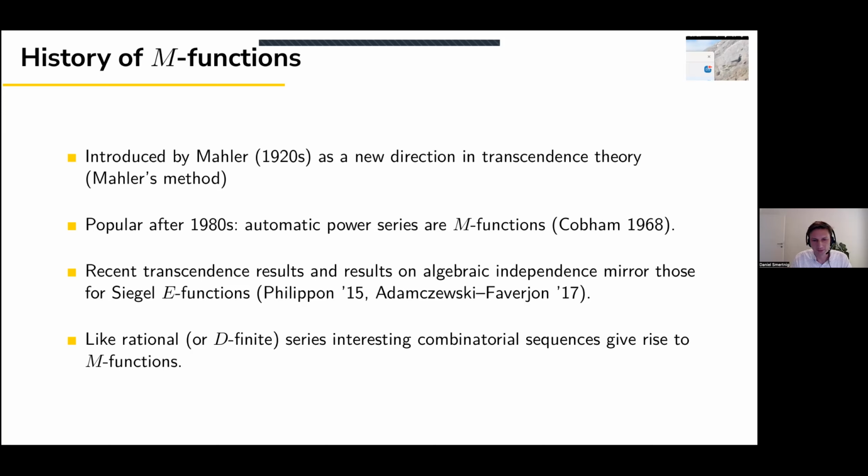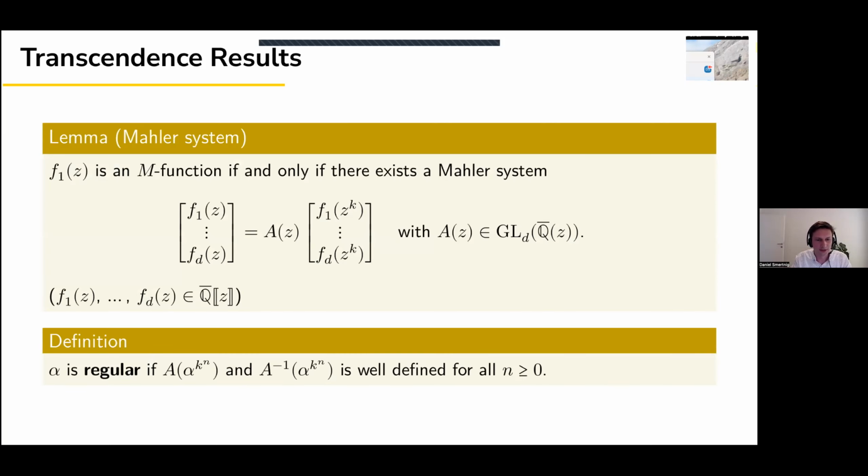And then, of course, one can hope that there is an interesting interplay between the arithmetic and the properties of the coefficients, and maybe some structural properties of the equations, and so on. So let me recall some of the transcendence results in this context.